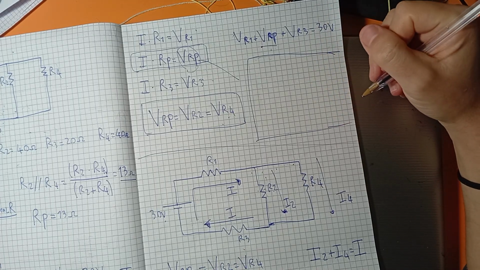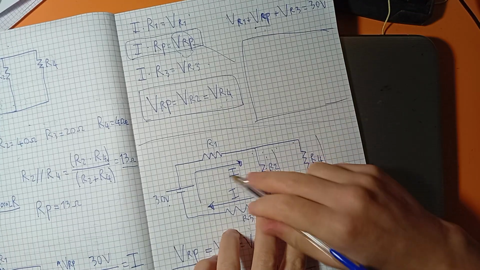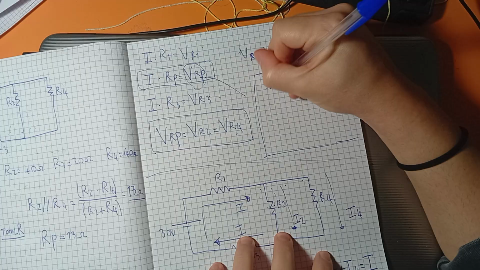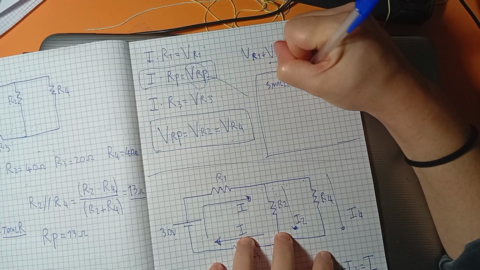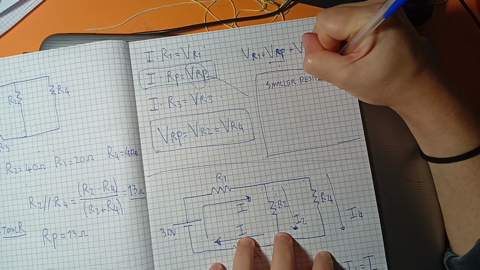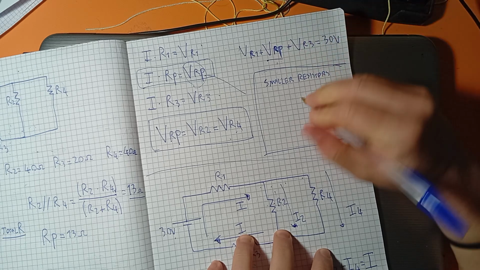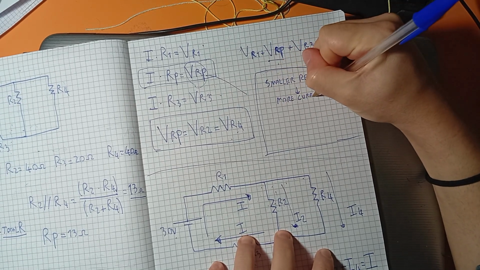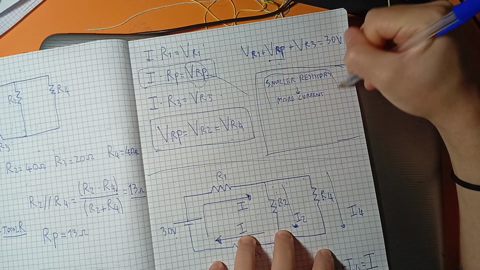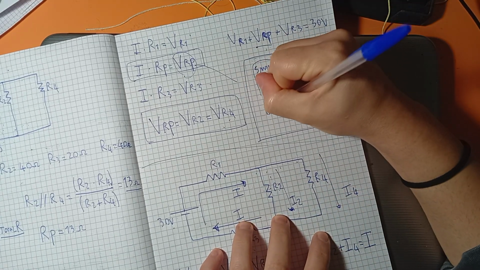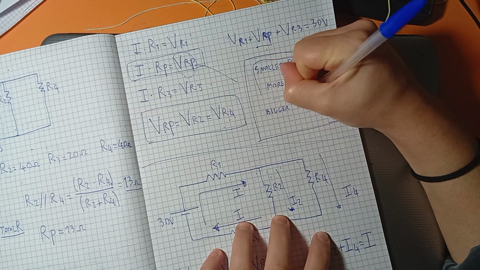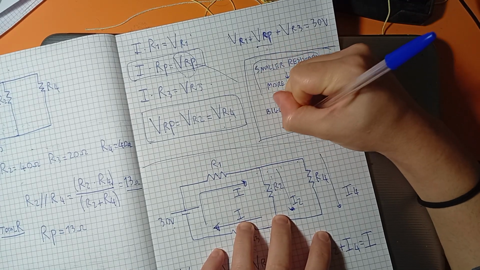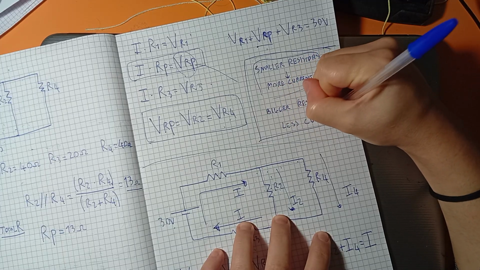So I have a parallel, I have a total current here. How will this current divide? Well, the smaller resistors take more current, and the bigger resistors take less current.